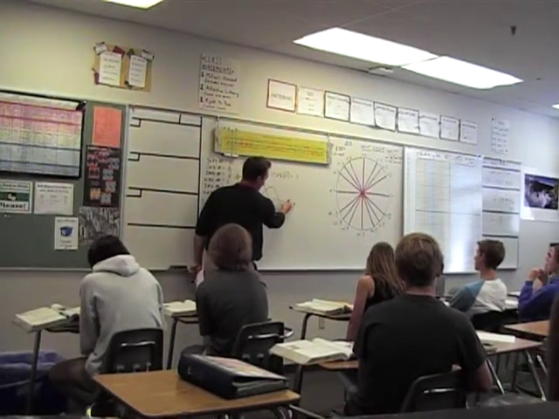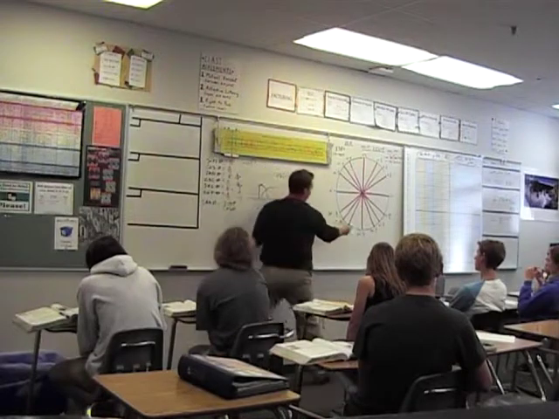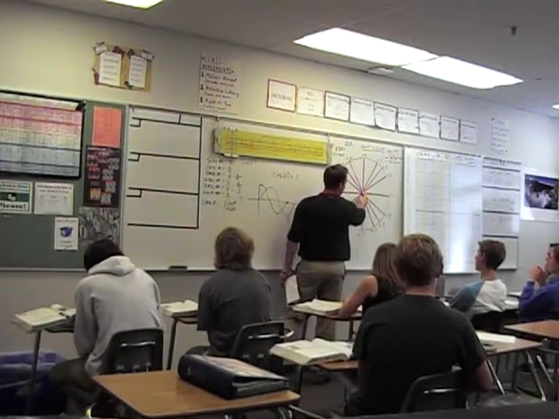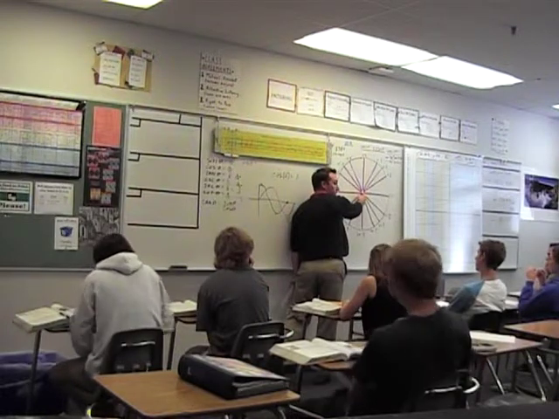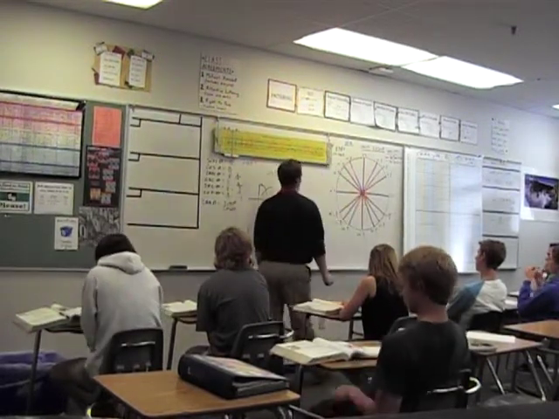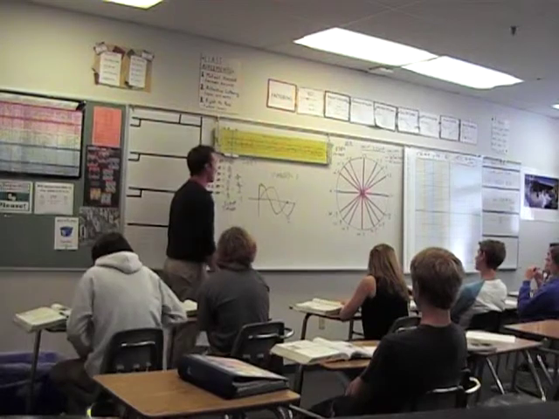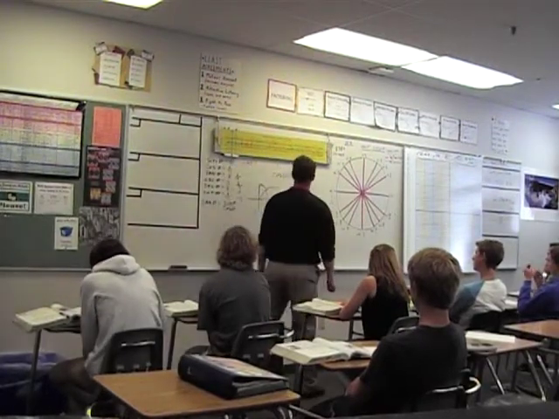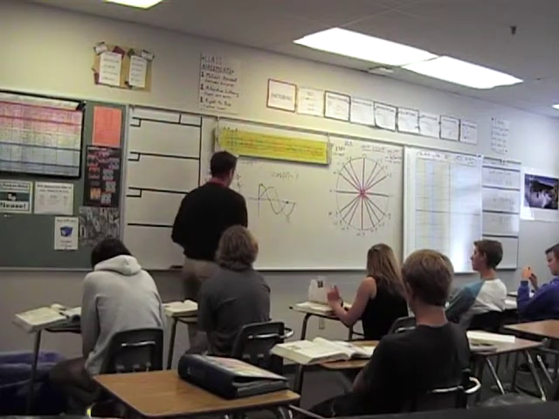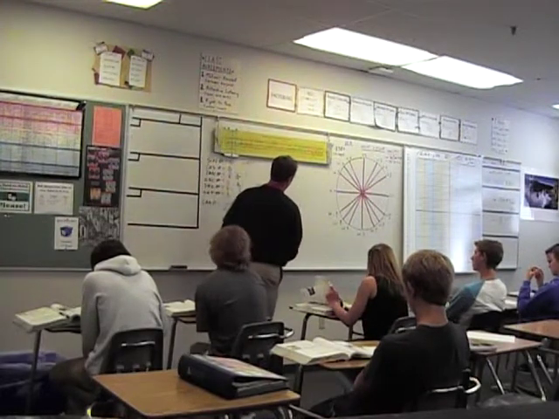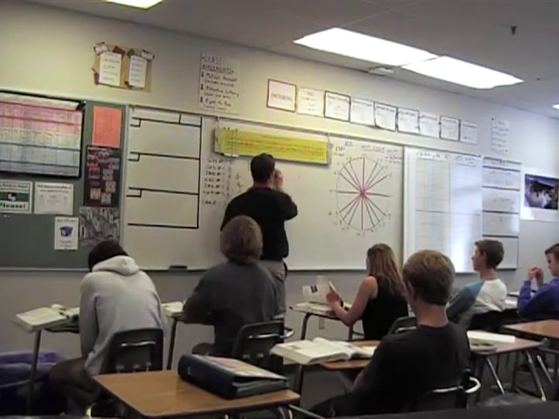But at this point, what's my x value? 0. That's what I said. So the lowest point you could possibly get to is 270, or 3 pi over 2. That's the lowest point of the graph.